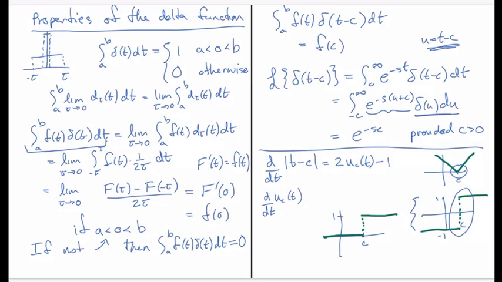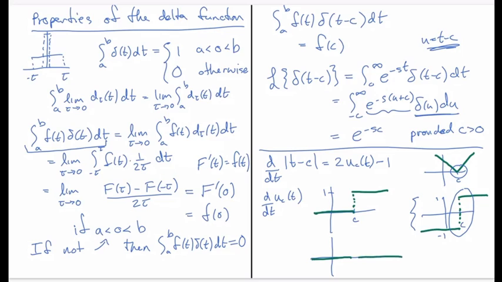Let me move this up a little to make some space. So that's u, and now let's sketch its derivative. Its derivative is going to be 0 here, and 0 again here, but right at c, it's going to make a sudden increase.